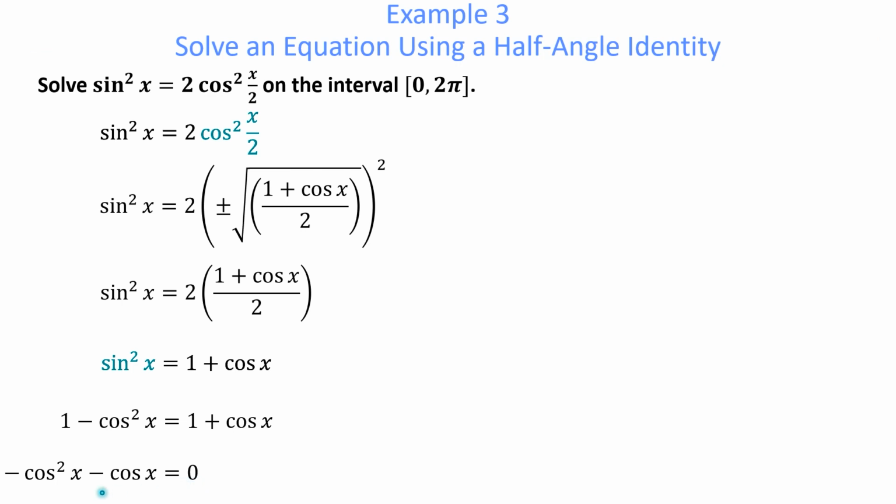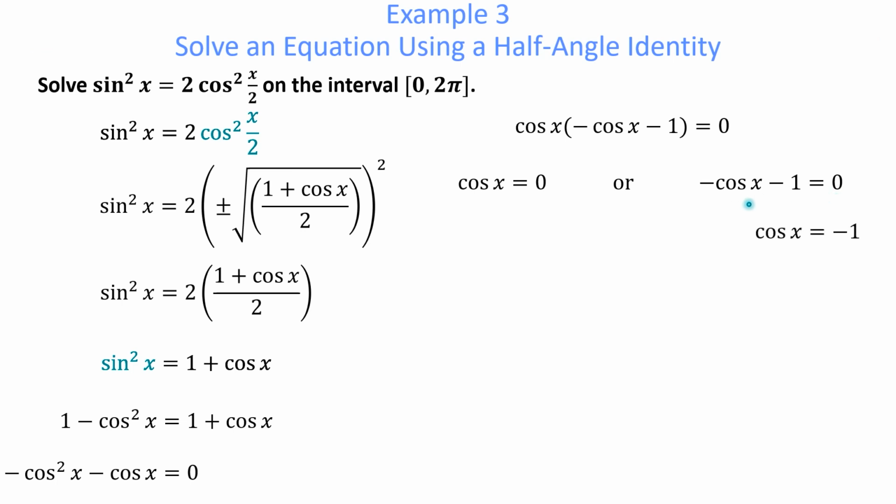Now you can see there's a common factor of cos x, so I'll take this factor out, and in the brackets we'll be left with minus cos x minus 1, which is equal to 0. Then from here we can use the zero product property and write down either cos x equals 0 or minus cos x minus 1 is equal to 0. We want to isolate the cosine term, and that will give us cos x equals minus 1.